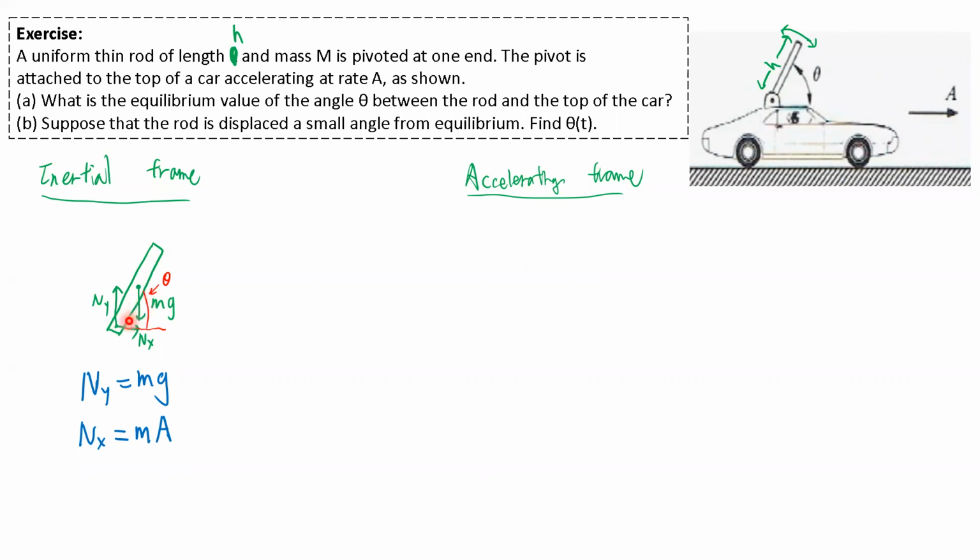If you take the torque about this point, you should get 0. If you take the torque about this point, you should also get 0, if it is really at equilibrium. However, that's not the case when the whole thing is accelerating.